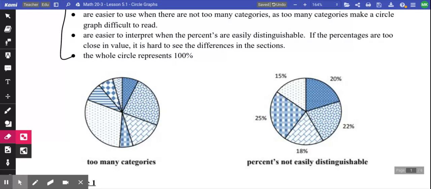The idea of a circle graph is to easily look at it and say, oh, that percentage is the biggest, that one is the second biggest, and so on. When all the percentages are very close to each other, like 20, 22, 18, 25, and 15, the circle is just broken up in equal sections, and it's too hard to say which section is the biggest.